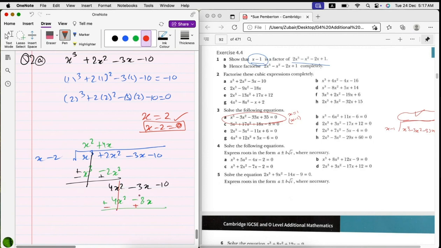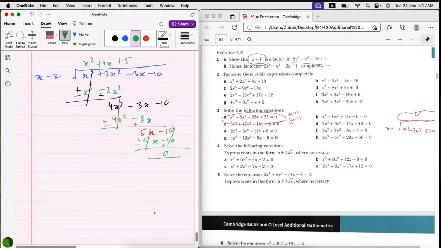Signs changed. 5x minus 10. Into 5 is 5x minus 10. Sign changed. 0. So we could write that the polynomial x cube plus 2x square minus 3x minus 10 is a product of x minus 2 into x square plus 4x plus 5.